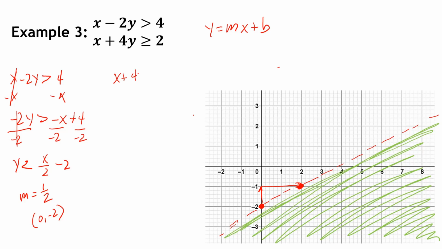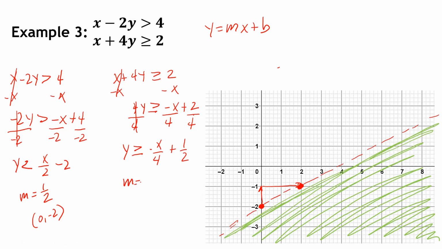Now let's do the next inequality. x plus 4y is greater than or equal to 2. I will subtract x on both sides. This is negative x plus 2. And then divide by 4, so y is greater than or equal to negative x over 4 plus 1/2.